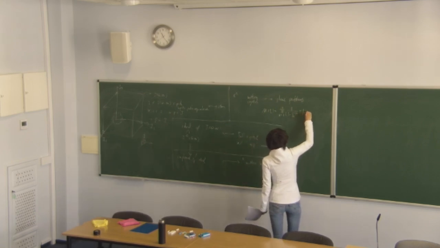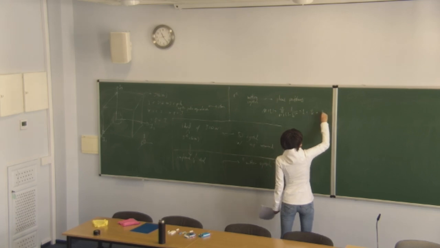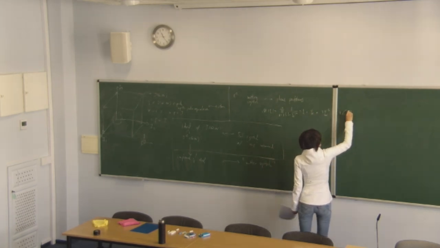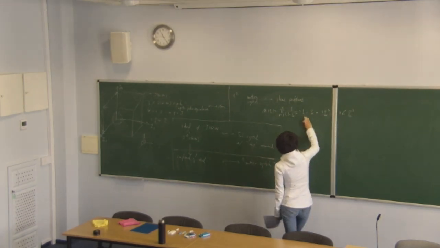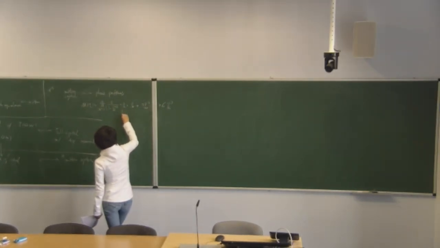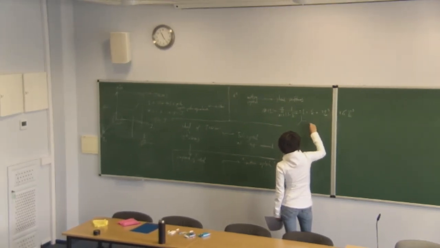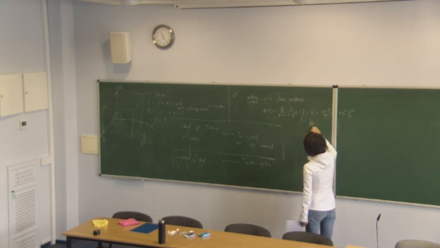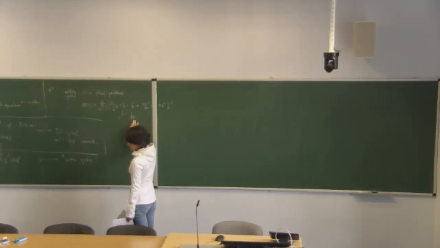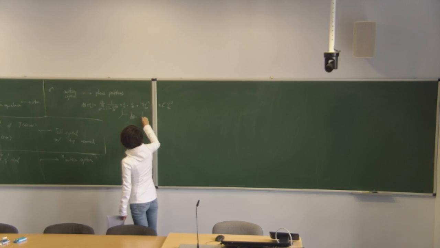It's 1 plus q plus... So this 1 means that there's one vacuum, and then this 1q means that there's one possible configuration with one box. And here this 2 means that I want to consider all the possible configurations with 2 boxes. So there's 3 possibilities here.